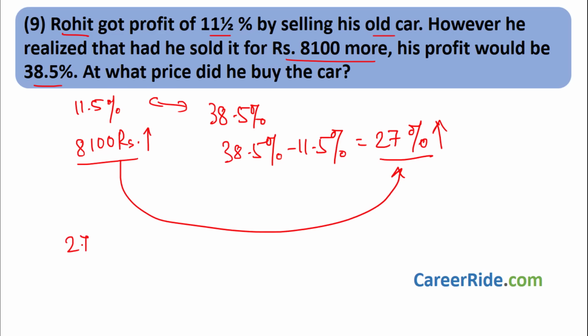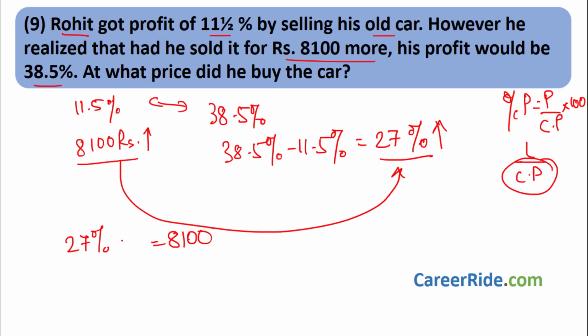So this 27% is nothing but 8,100, but 27% of what? We know that profit and loss are always calculated in terms of cost price. So percentage profit, look at the right hand side, is profit upon cost price into 100. Even for loss, it is loss upon cost price. So profit and loss are always calculated in terms of cost price. So 27% of the cost price would be 8,100.